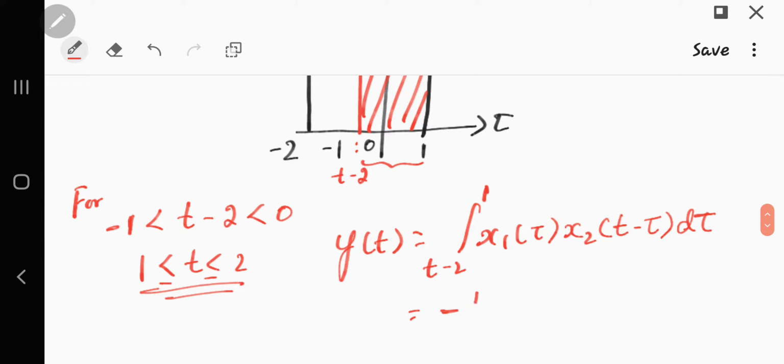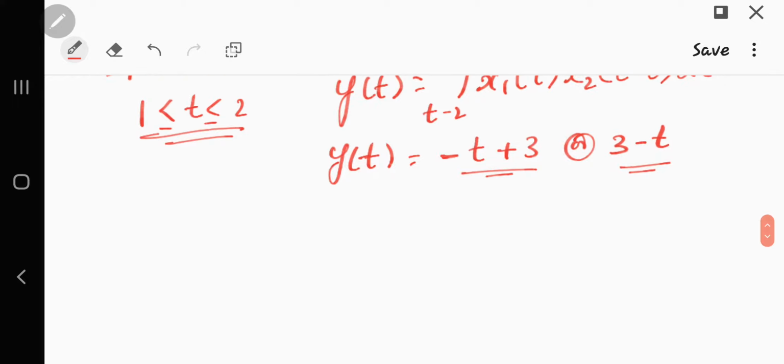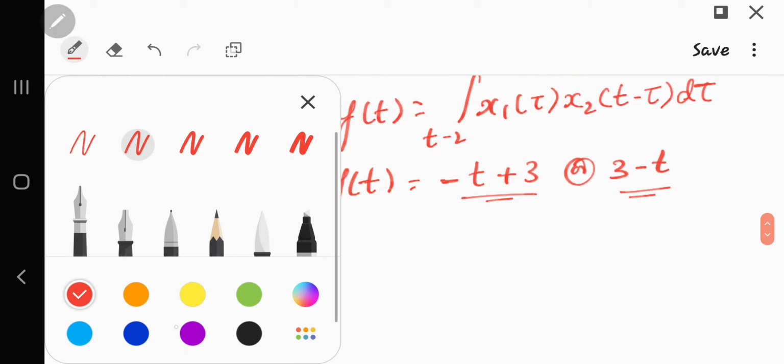You will get minus t plus 3 or 3 minus t. So this is y of t for this case. Same thing as we repeated, so I am not going through the complete simplification. I directly wrote the answer for this. Okay. So next, another case.